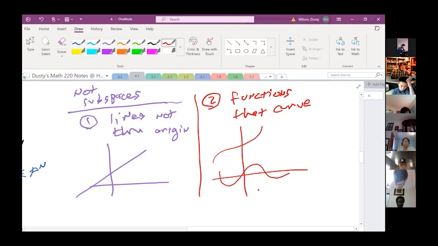Here's one that curves. They could certainly go through the origin. So 0 works. You could add them together. They could go through the origin. What fails here? I've never thought of this example before, but what would fail?